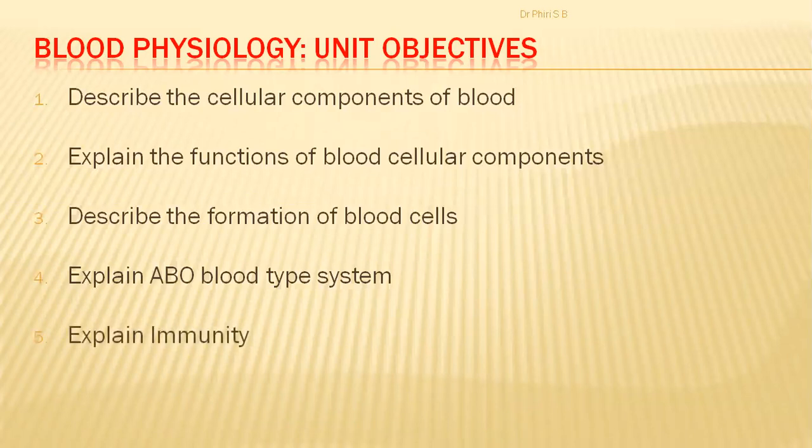Then you should also be able to explain the immunity associated with blood physiology. And then you should be able to explain blood indices and the diseases. Basically, these are the major unit objectives that you should be able to meet at the end of our classes in blood physiology.